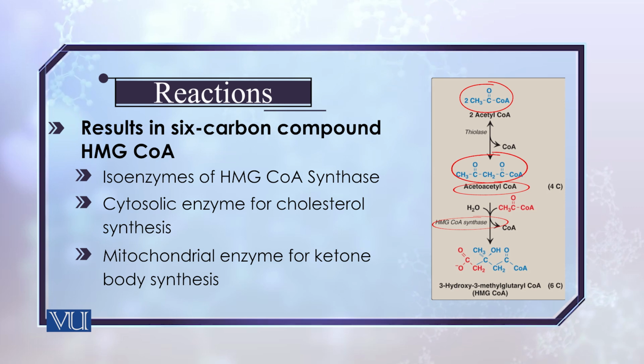So keep in mind that the synthesis of cholesterol is a complex process. Many products are formed. Some of the things you have to keep in mind, of course, are the enzymes which are involved, but also very important is how the carbon atom number is changing. For instance, here we started with a 2-carbon compound, then comes a 4-carbon compound, and finally we have a 6-carbon compound. So this is also something you should keep in mind.